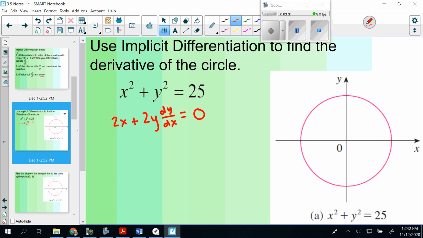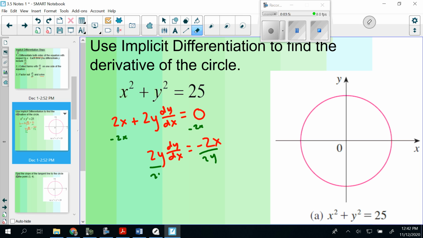So next, we want to solve for that dy/dx, which is our derivative. We can do that by subtracting 2x. Next, we can divide by 2y. And so now we've got our derivative here, dy/dx, and that would be equal to the division of these two things.